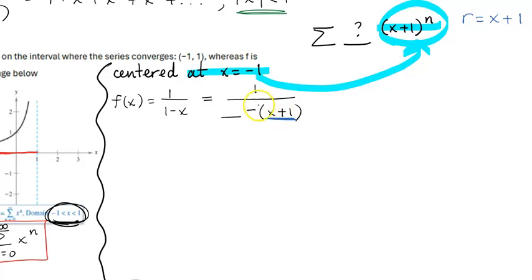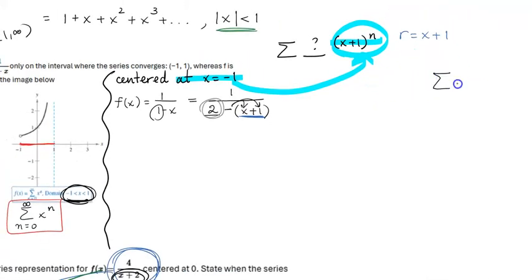So when I work that out, I can see this gives me a -x, this gives me a -1. I'm supposed to have a positive 1 in the bottom, and so this needs to be a 2. So now I have written this in a way that I can see where my r value will have the x plus 1. That's a little problematic for us because I need this number to be a 1 in order for it to match the form of a geometric series and what it adds up to.